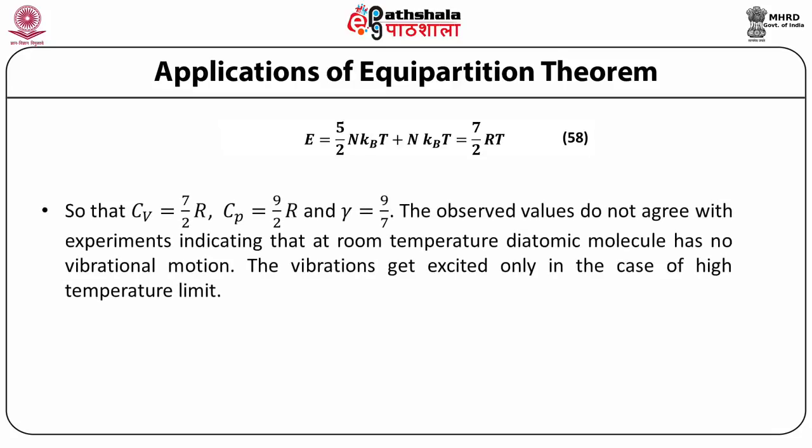So the specific heat at constant volume is equal to 7/2 R, and the specific heat at constant pressure then becomes equal to 9/2 R, and the ratio of specific heats becomes equal to 9/7. The observed values do not agree with experiments, indicating that at room temperature, a diatomic molecule has no vibrational motion. The vibrations get excited only in the high temperature limit.